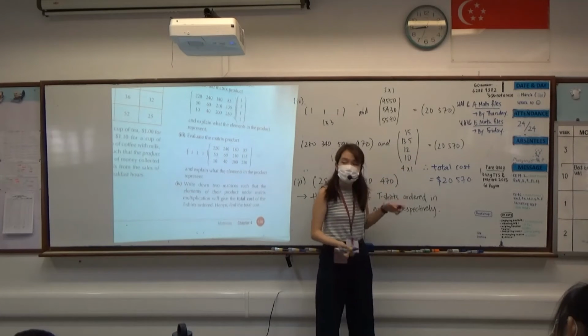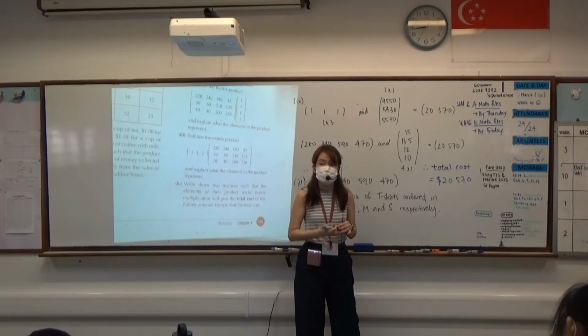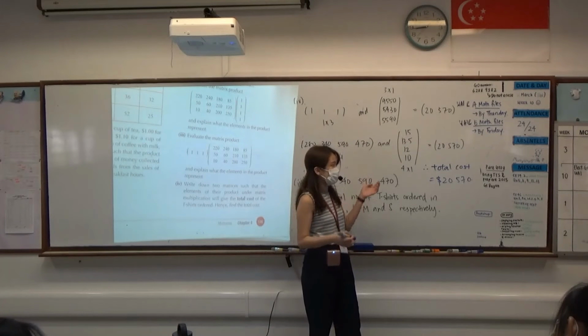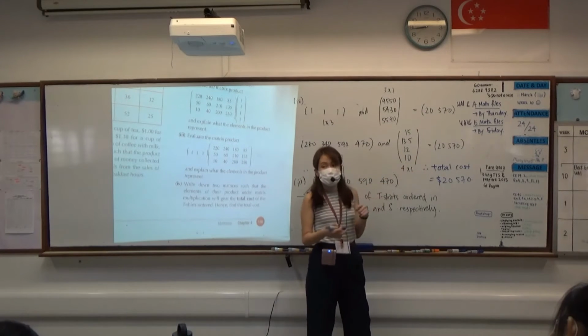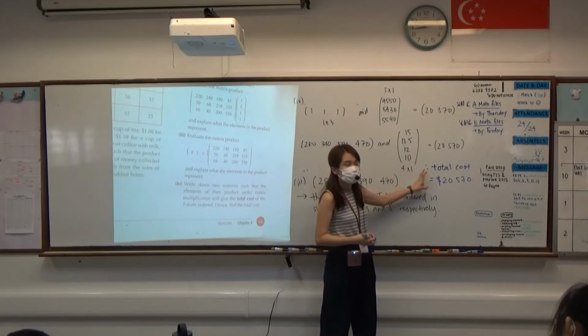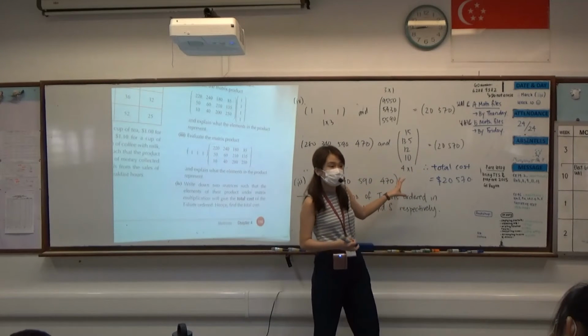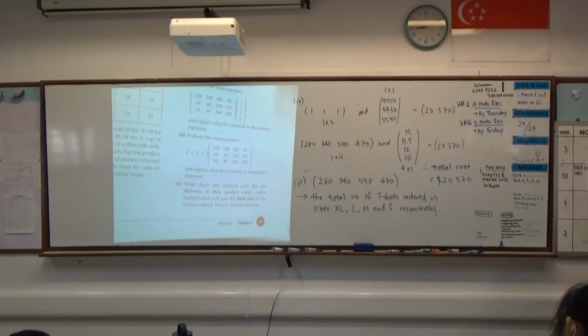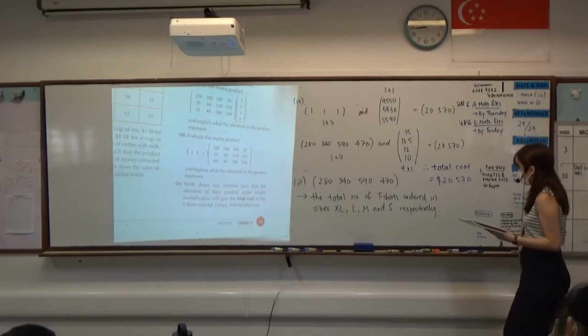This itself is not sufficient, because it is a matrix, not a cost value. So you need to represent it in a proper statement like that. Alright, so that's all for your chapter 4.4.